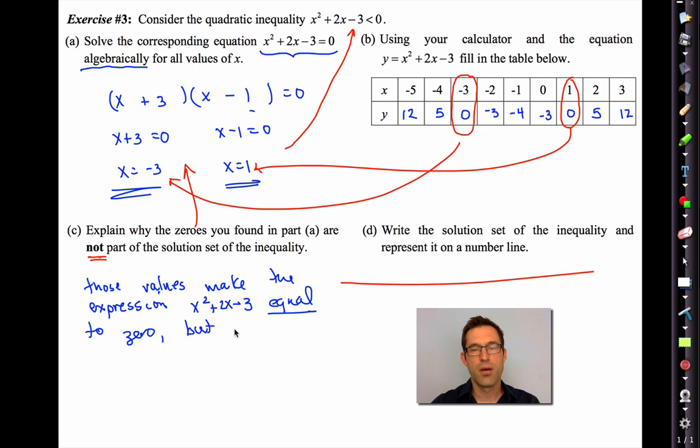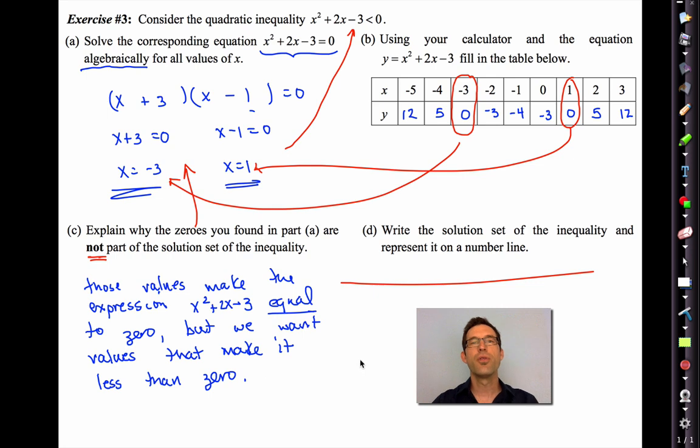But we want values that make it less than 0. Right? It's as simple as that. Those two values of x are going to make that trinomial have a value equal to 0. But we want all the values of x that make that expression less than 0.